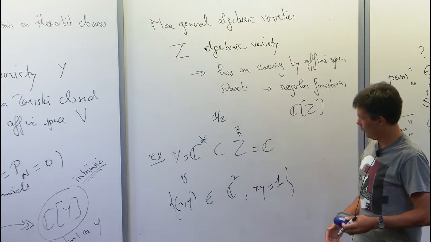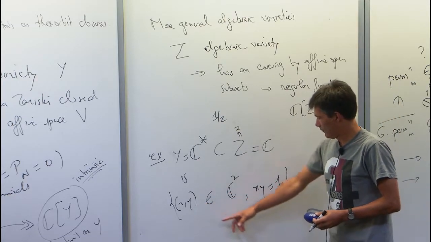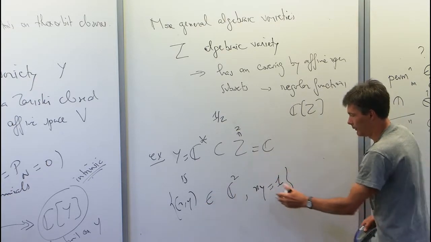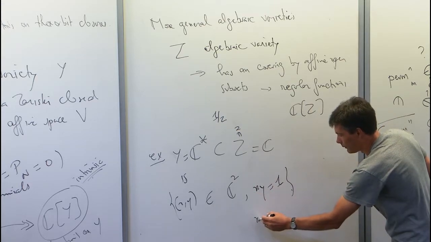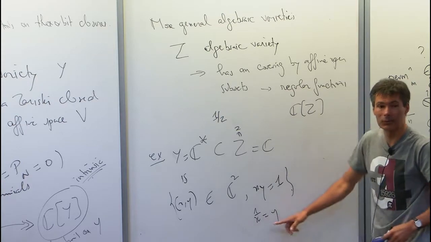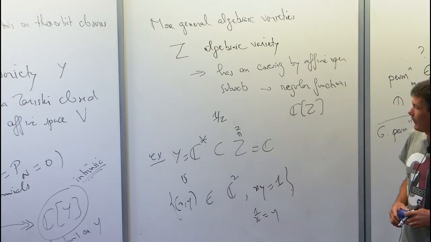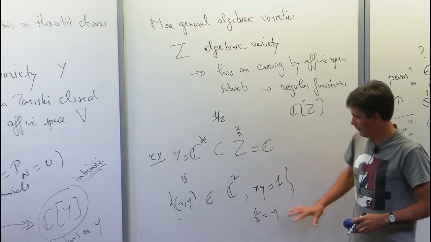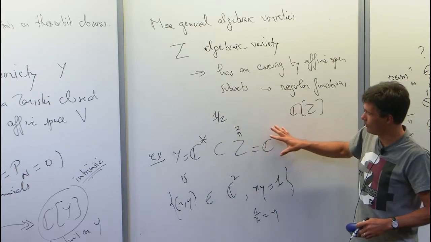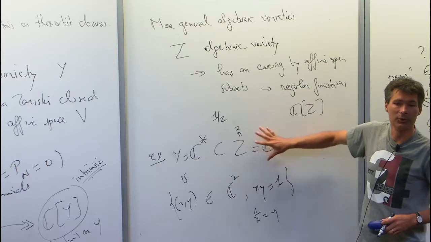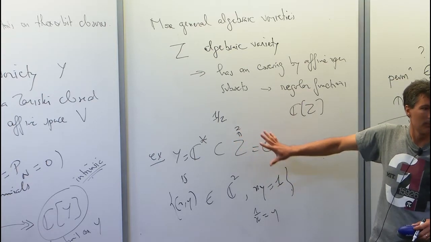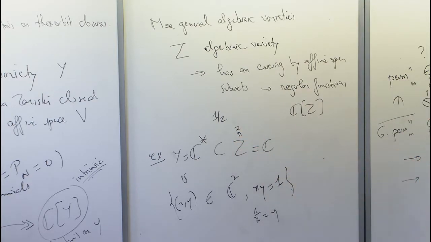But of course, if you look at it as a restriction from C2, you have 1 over x equals y, which is a polynomial. So in this picture, you don't see all the regular functions as restrictions of polynomial functions on your space. So that's an important issue, and that's exactly one of the problems we will meet in a second.